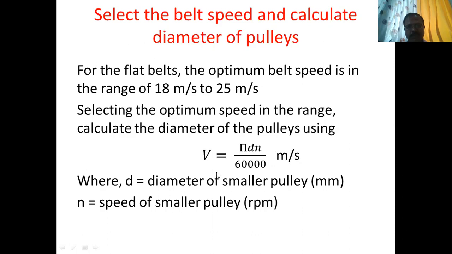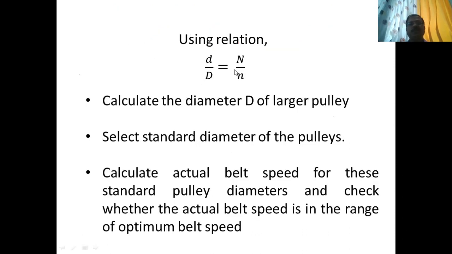Then we will calculate the diameter of the larger pulley using this relation: small d upon capital D is equal to capital N upon small n, where small d is the diameter of the smaller pulley, capital D is the diameter of the larger pulley, capital N is the speed of the driven pulley, and small n is the speed of the driving pulley.